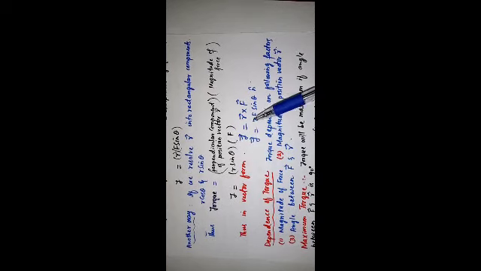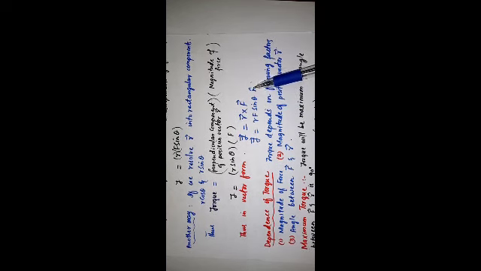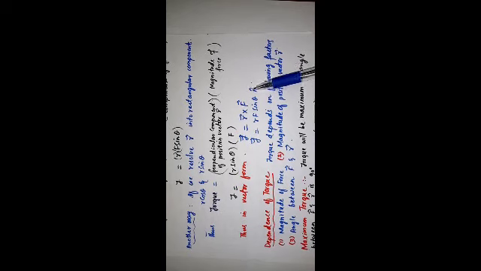So torque can be written in terms of vector form: tau is equal to the cross product of r and force, where r is the position vector from the pivot point to the point of application of force. So tau is r F sine theta into n. We have discussed that this is the magnitude of torque and this is the direction, and the direction is given by the right hand rule, as we have discussed earlier.